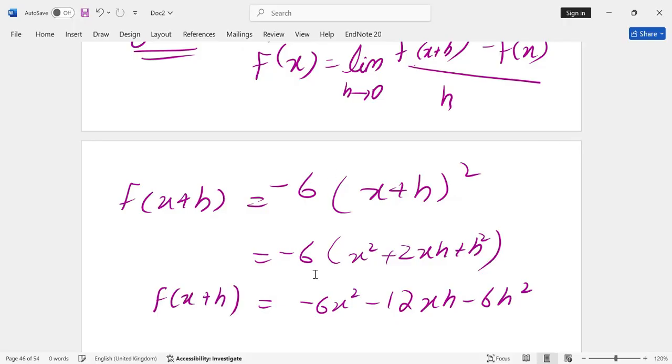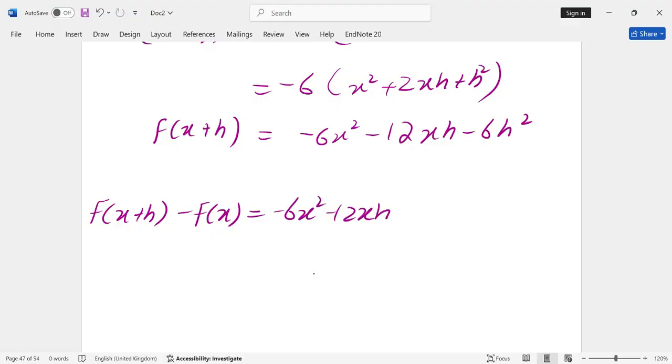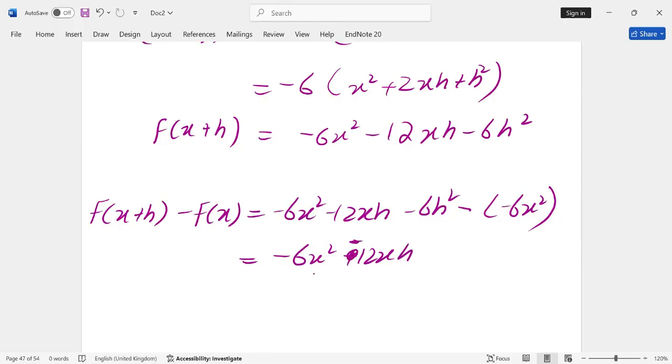Now we have to substitute the function into the equation. That is, f of x plus h minus f of x equals minus 6x squared minus 12xh minus 6h squared, minus into minus 6x squared, okay? So we have minus 6x squared minus 12xh minus 6h squared plus 6x squared.